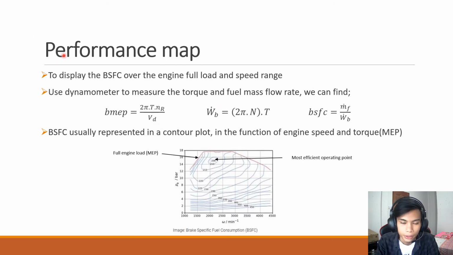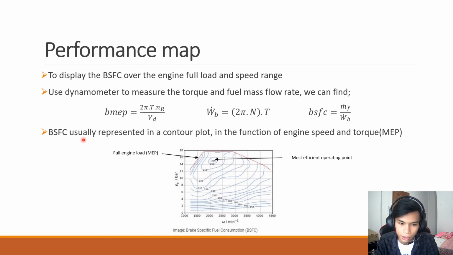The use of a performance map is to display the BSFC over the engine full load and speed range. By just using the dynamometer to measure the torque and fuel mass flow rate, we can find the brake mean effective pressure or BMEP, also W.B, and also the BSFC.